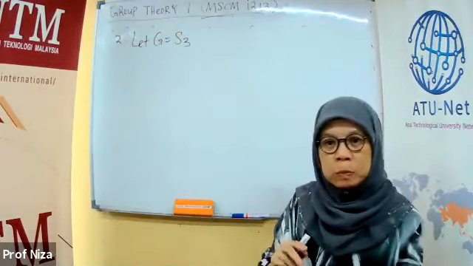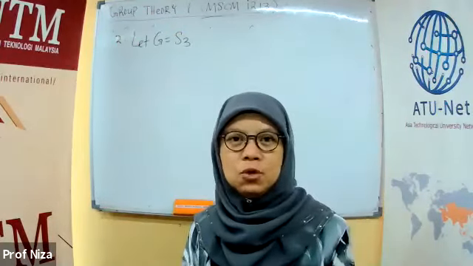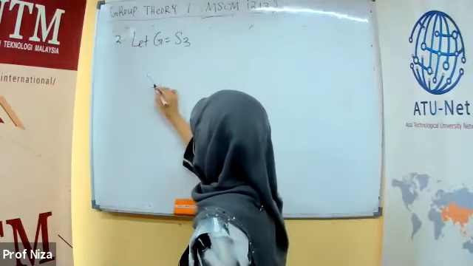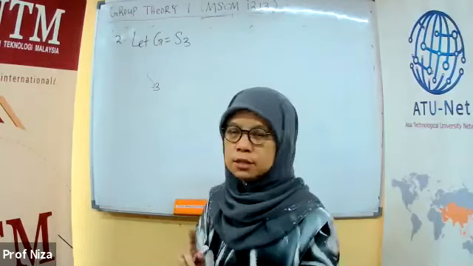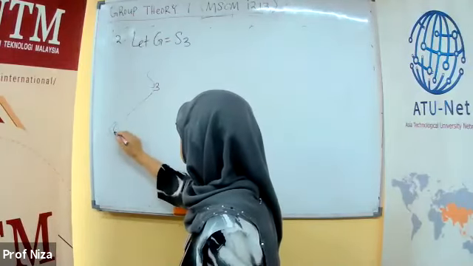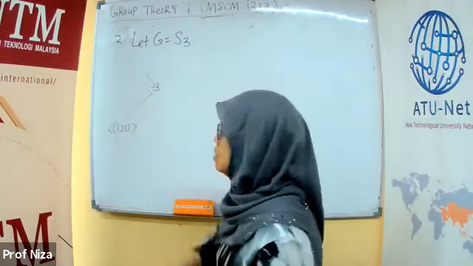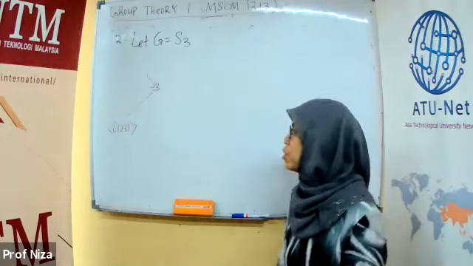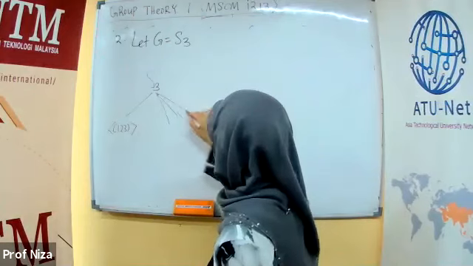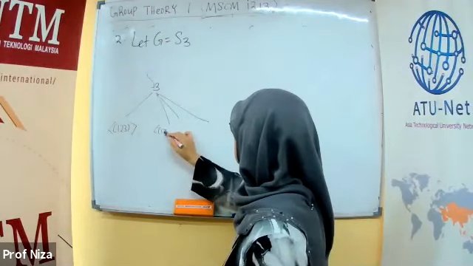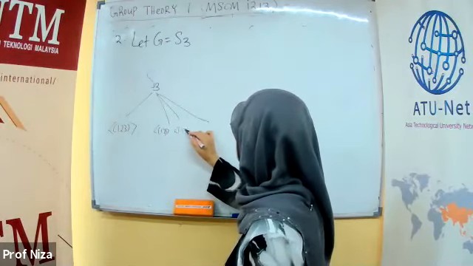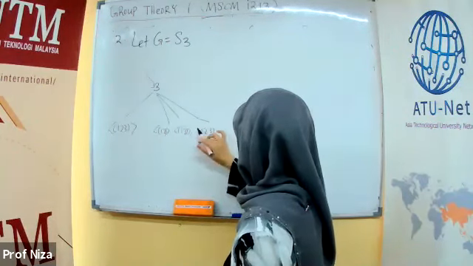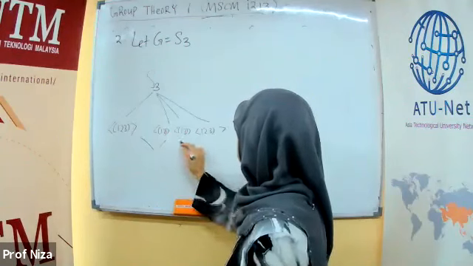Now, do you remember all the different subgroups of S3? S3 has order 6. It has 1 cyclic subgroup of order 3. And it has 3 cyclic subgroups of order 2.